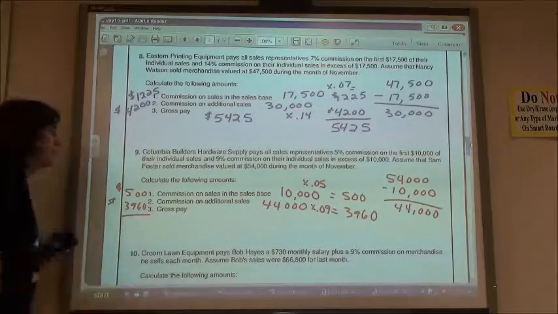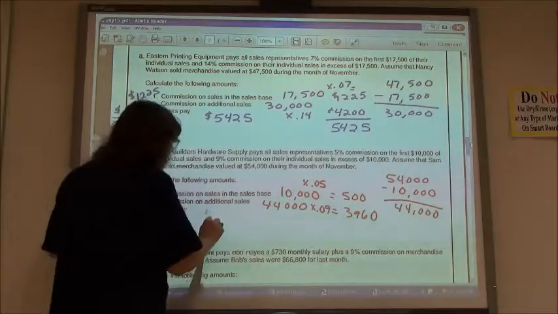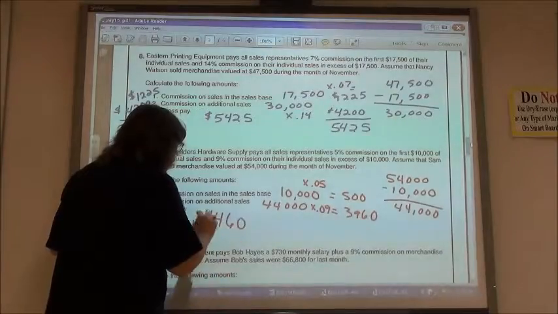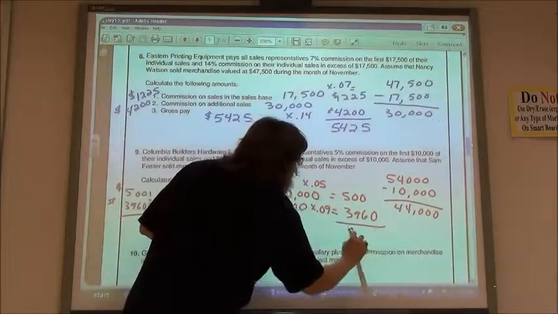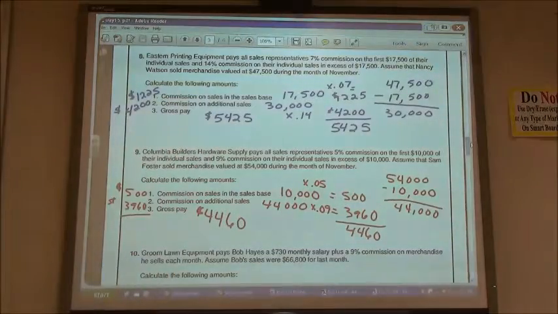So my gross pay, I'm just going to add those together. 500 plus 3,960 is $4,460. So gross pay, $4,460.